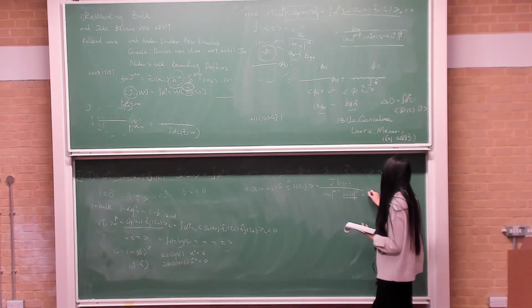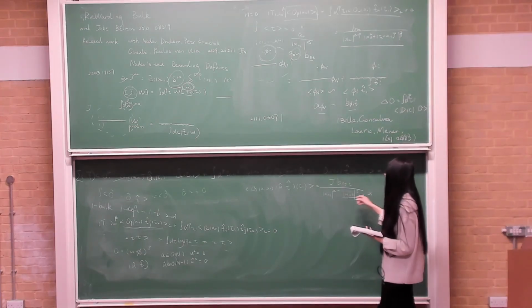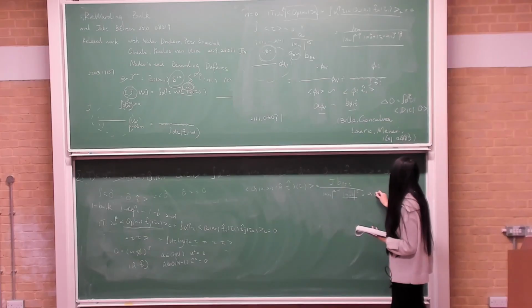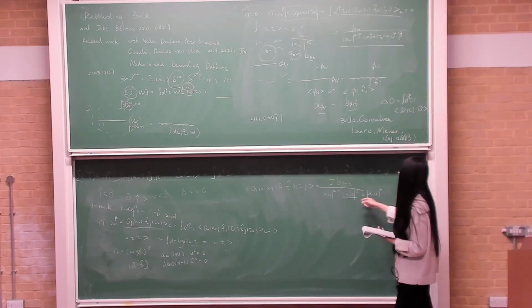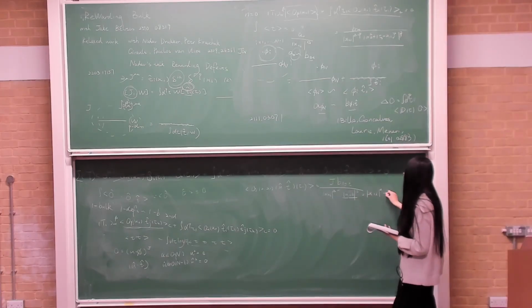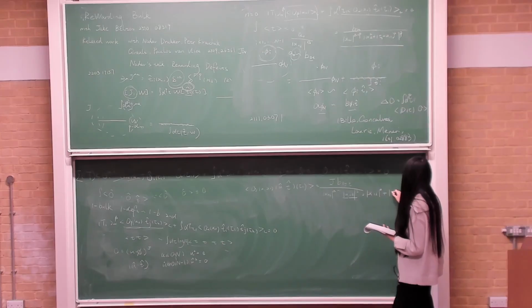It's really the distance in the perpendicular direction plus the distance along the direction of the line defect.